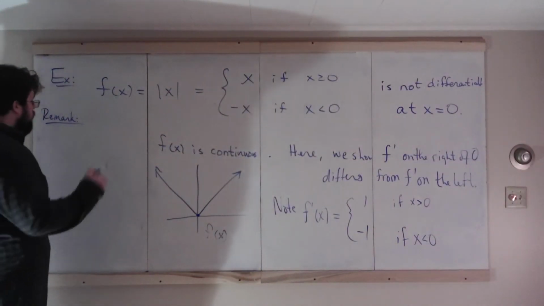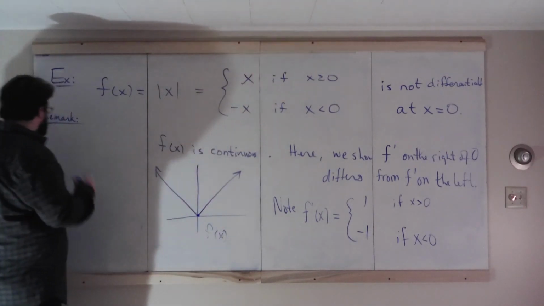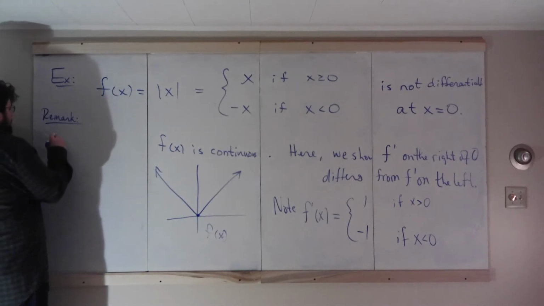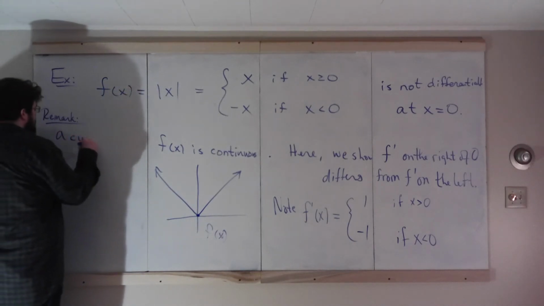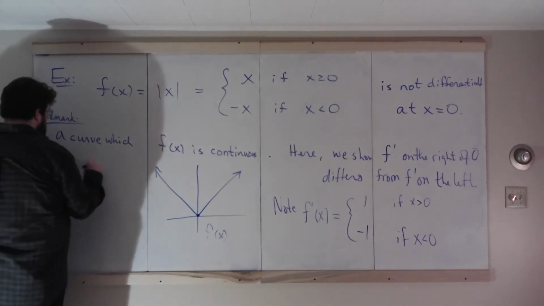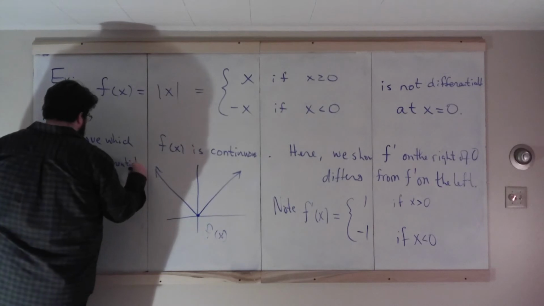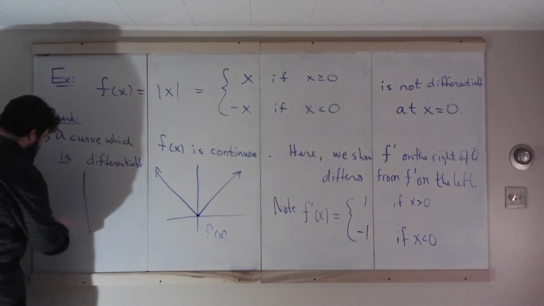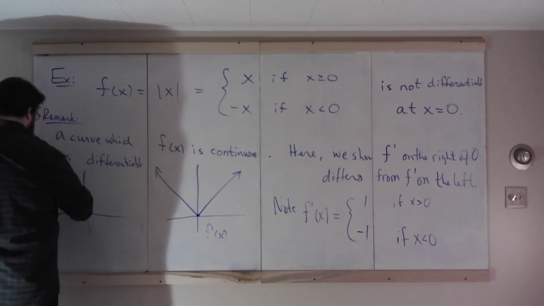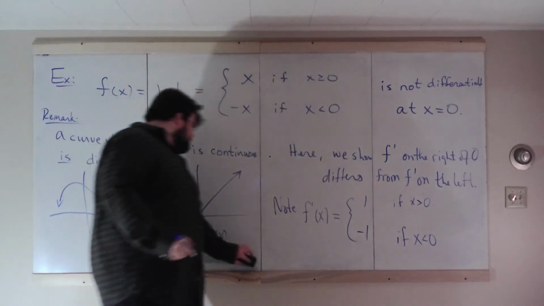I'm going to make one additional remark which might make this a little more clear. A curve which is differentiable is given here. Something like this is differentiable.